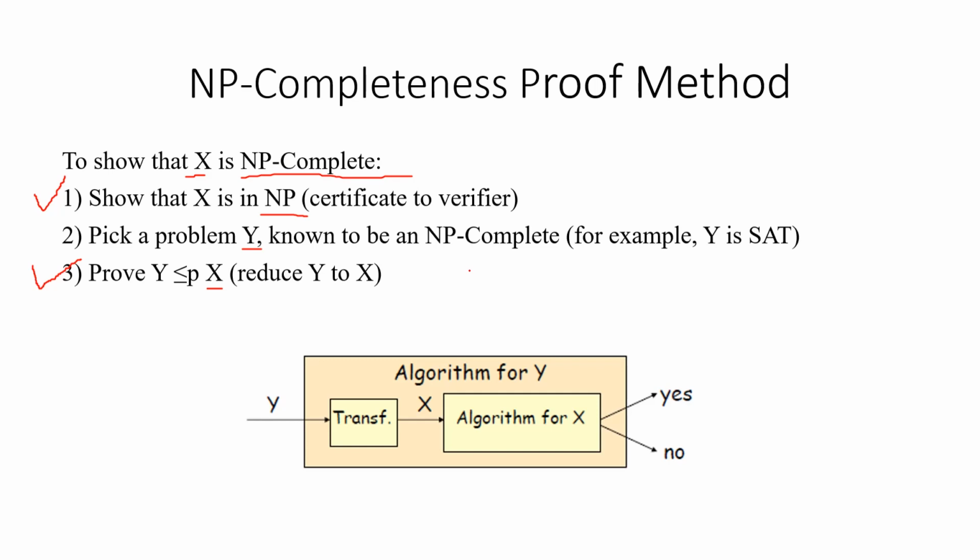That's why we say that if we are able to reduce one of the famous NP-hard problems to our problem X, then we can say that X is NP-hard. One of the most famous and well-known problems that is proven to be NP-hard is the SAT problem. I will talk about SAT a bit later.